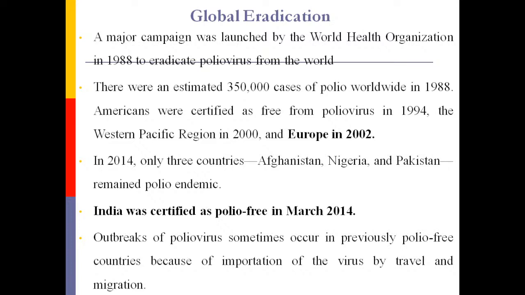The Americas were certified as free from poliovirus in 1994, the Western Pacific region in 2000, and European countries said that they finished polio spreading in their countries in 2002.